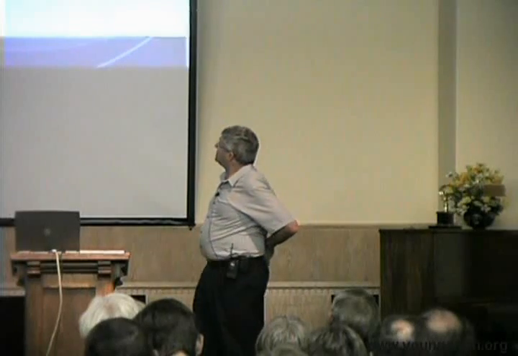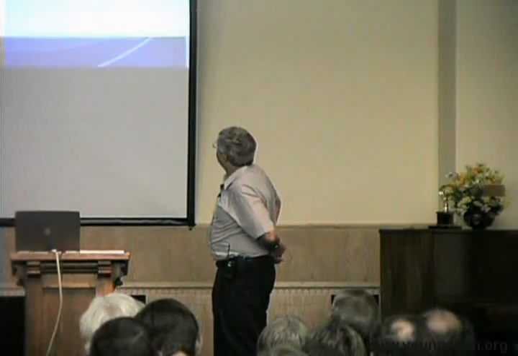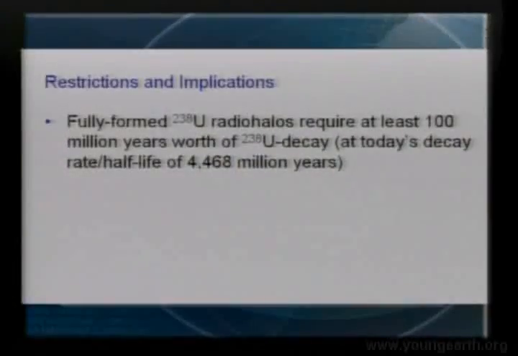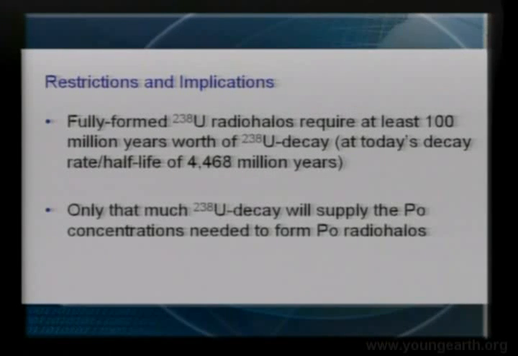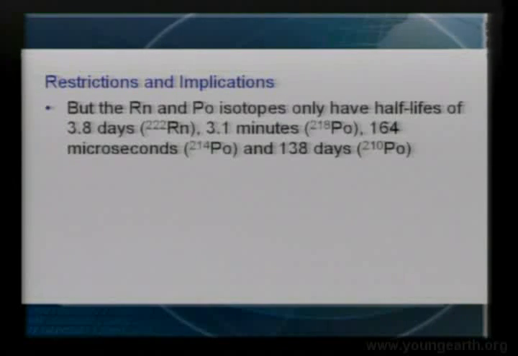So these are the implications. Fully formed uranium radiohalos require at least 100 million years worth of radioactive decay at today's rates. Only that much uranium would supply the polonium concentrations needed to form the polonium radiohalos. But as I said before, these atoms decay very rapidly.